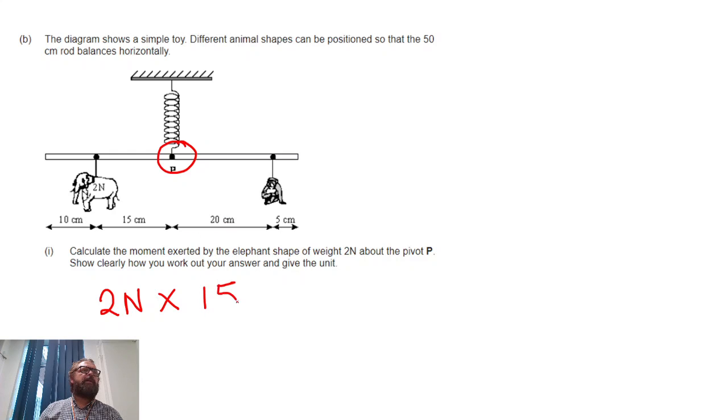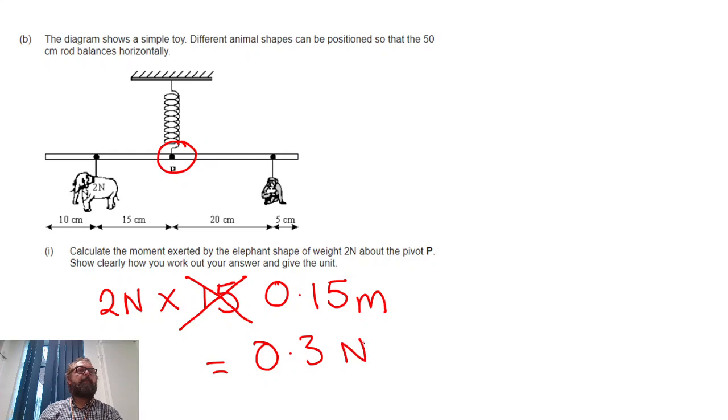We'd be tempted to write 15 here, but we mustn't do that because we need our distance to be in meters, so we divide by 100. The elephant's turning force is 0.3 Newton meters.